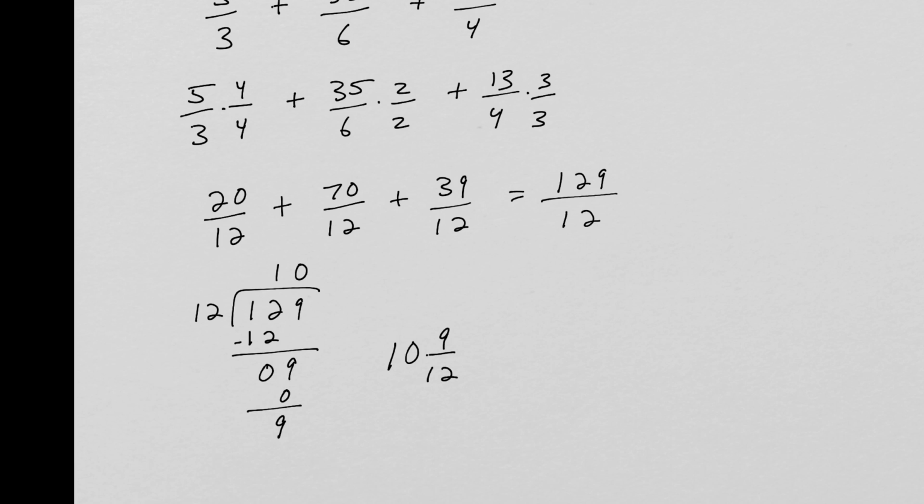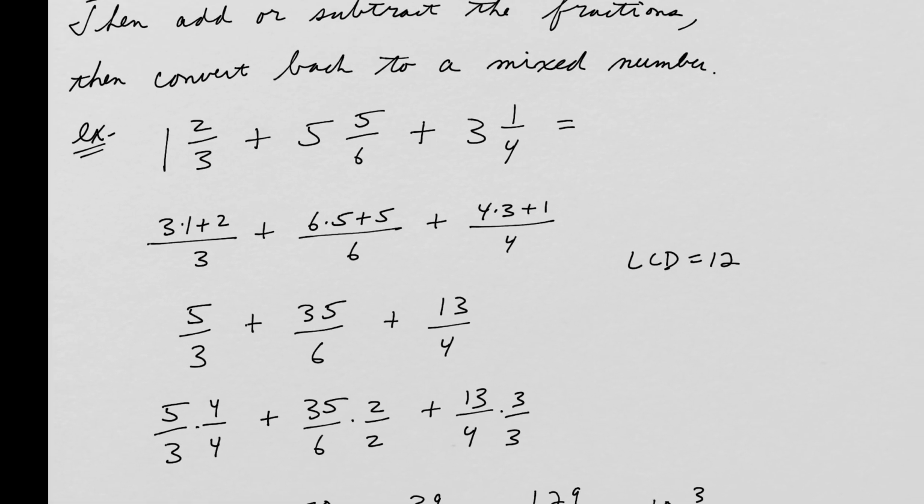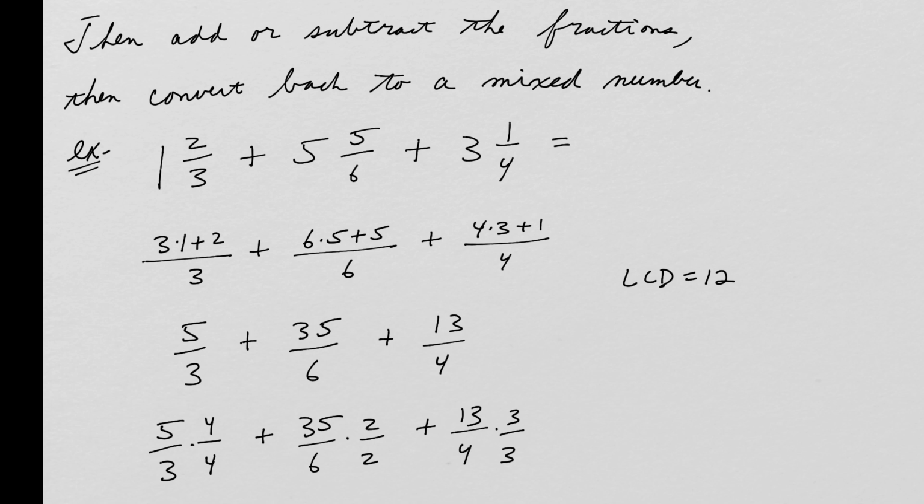And then we find out, yeah, we can simplify the fraction piece, right? 9/12 looks like 3 goes into 9, 3 goes into 12. So this is going to be the same as 10 and 3/4. So this was really 10 and 3/4 when I convert it back to a mixed number. So that's going to be my answer here. Right, the answer is going to be 10 and 3/4.